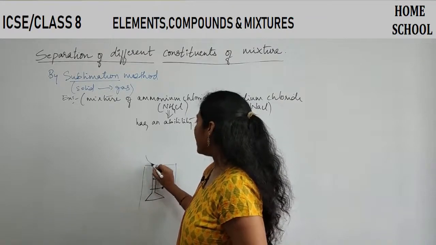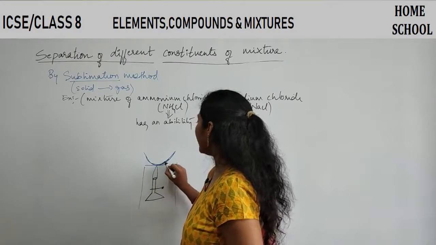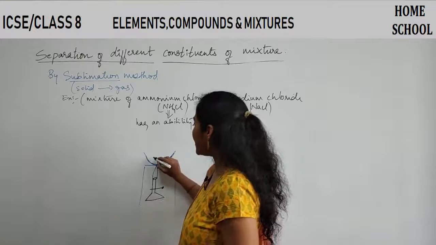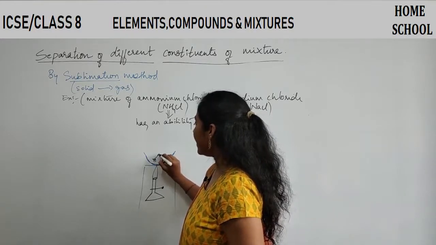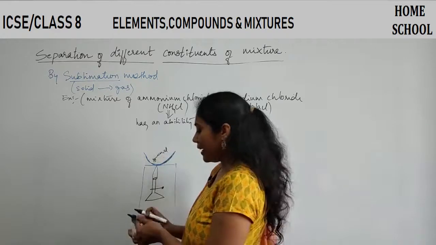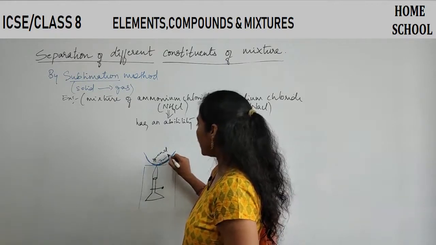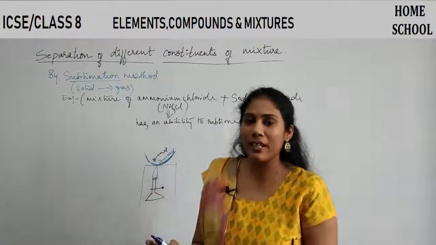Okay, so here we will keep a bowl. This is a container where you have a mixture of NaCl and ammonium chloride. Let me take this as NH4Cl, and the blue colored stuff is NaCl. So the NaCl is completely mixed with ammonium chloride.